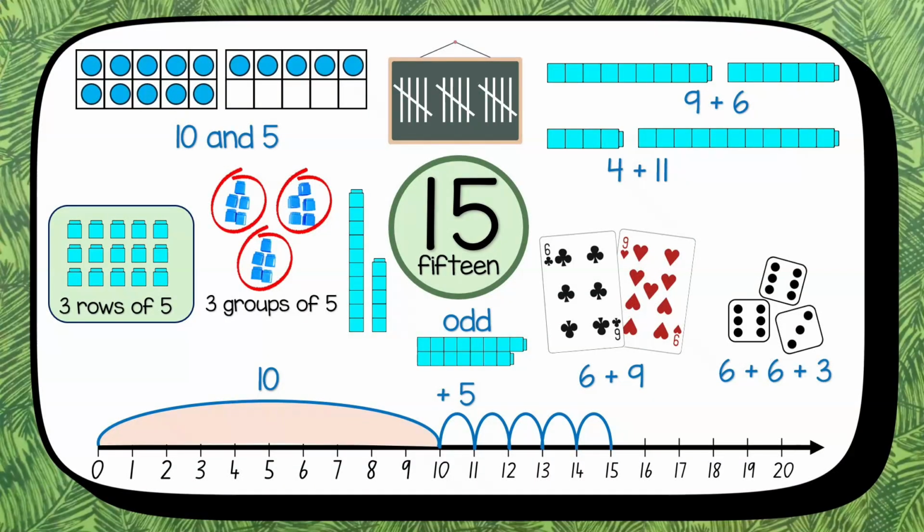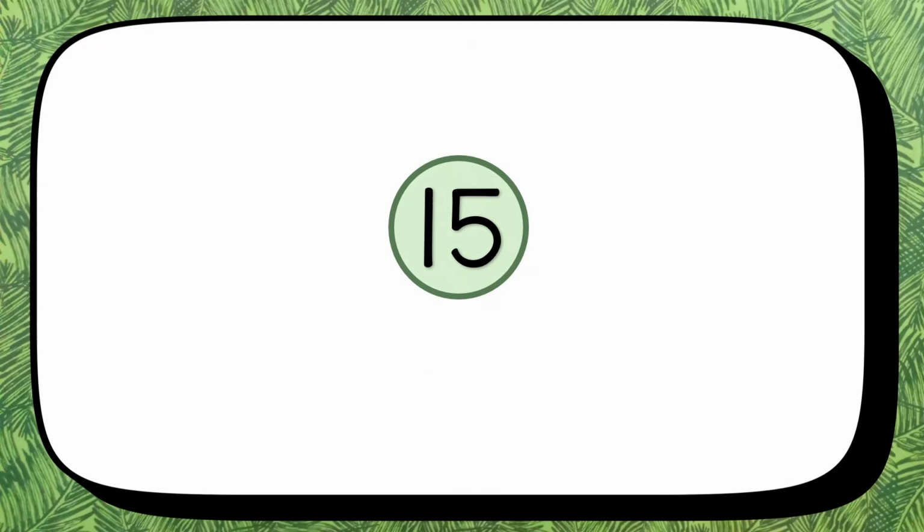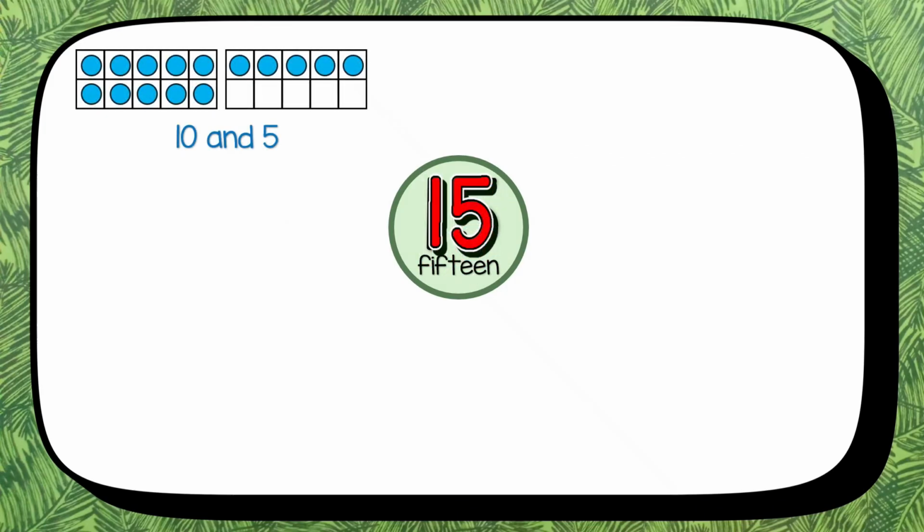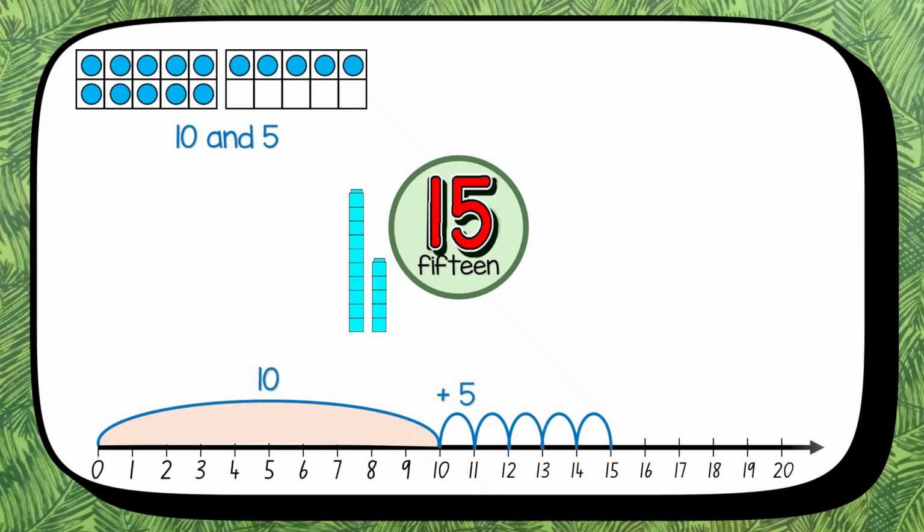As you can see, numbers are much more than just numerals on a number line. We know that the numeral 15 represents 1 ten and 5 more. Here's the 10 and 5. And here, all showing 15.